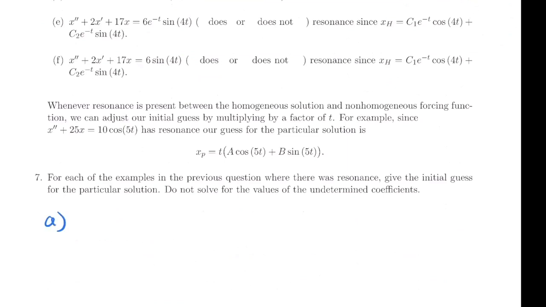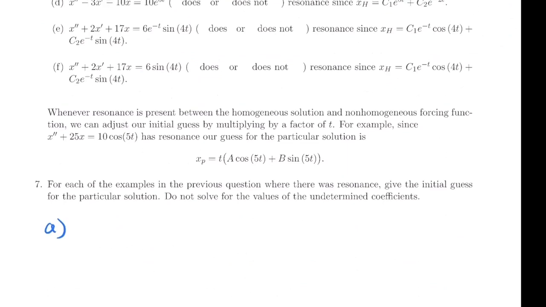Question 7 is saying, if you have resonance, what would your guess be? And remember, what we do is we take our original guess and just multiply it by a power of t.